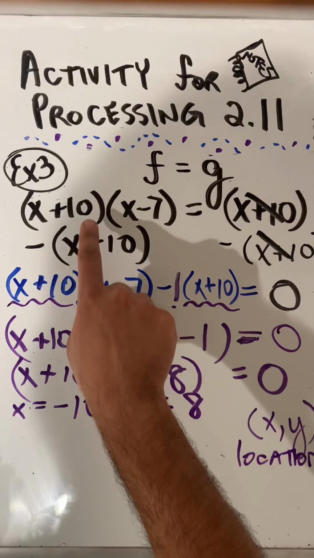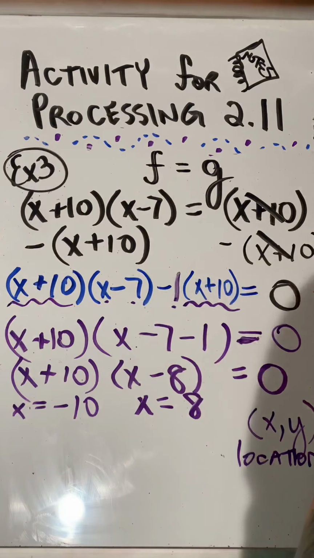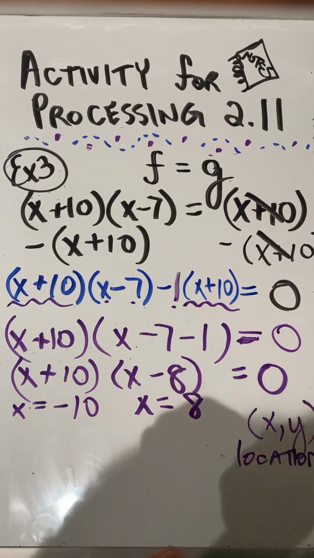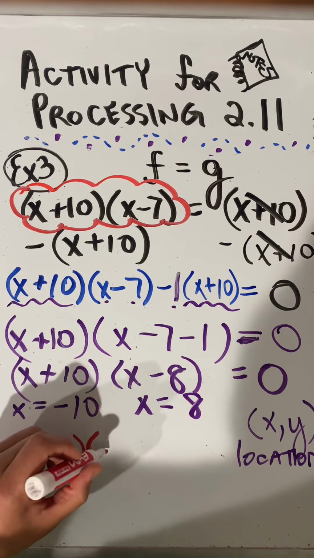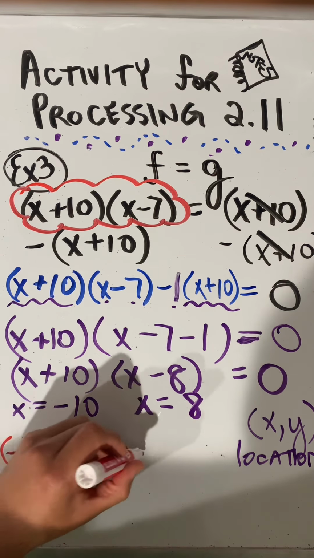Okay, so let's find these locations. So we're going to plug negative 10. Let me use red. Let's plug negative 10 into this circled red stuff here. I should have written when x equals, for consistency's sake, sorry about that, when x equals negative 10.